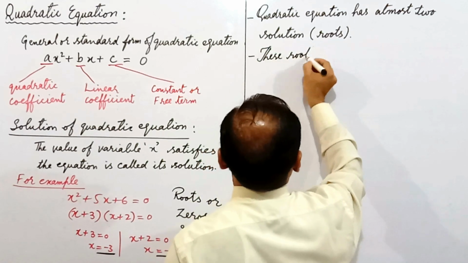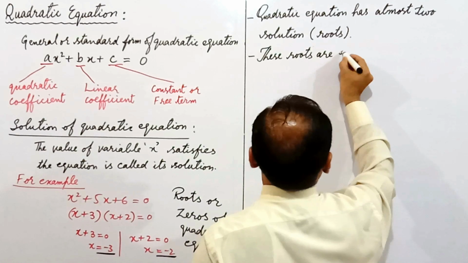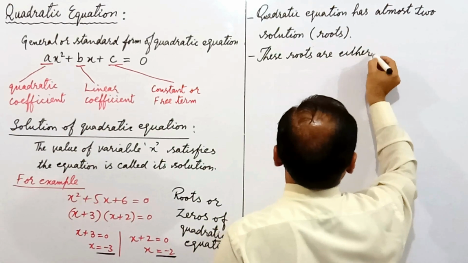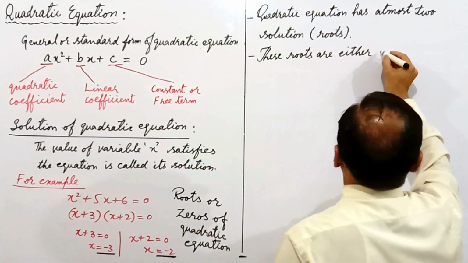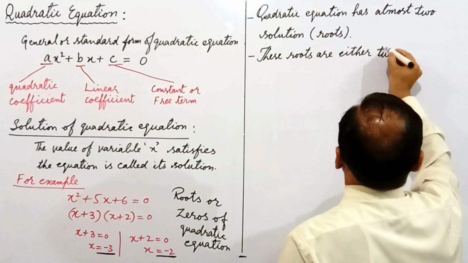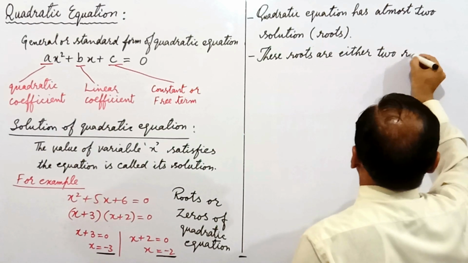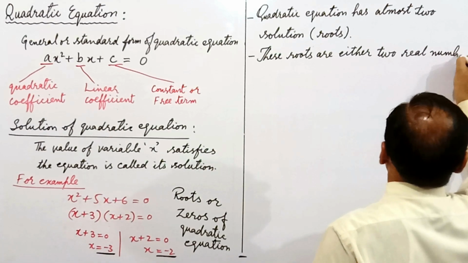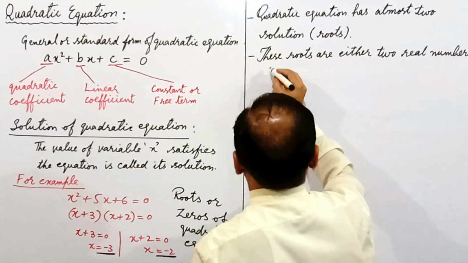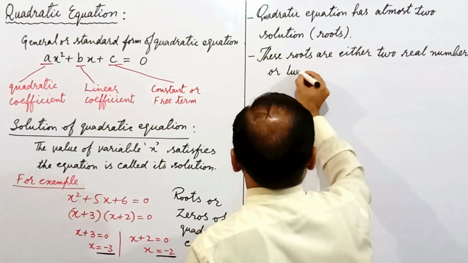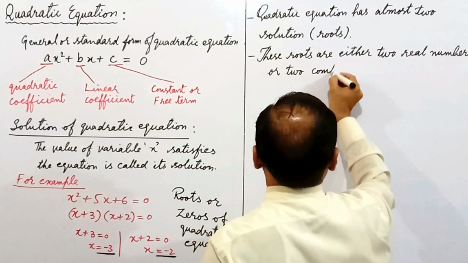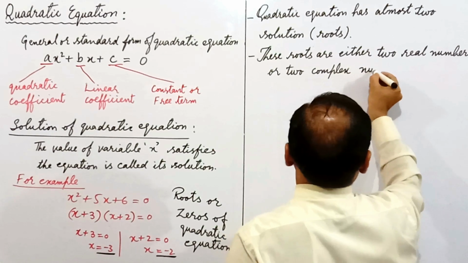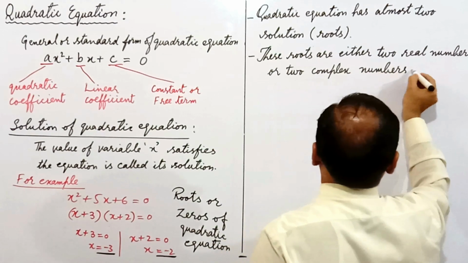These roots are either two real numbers or two complex numbers.